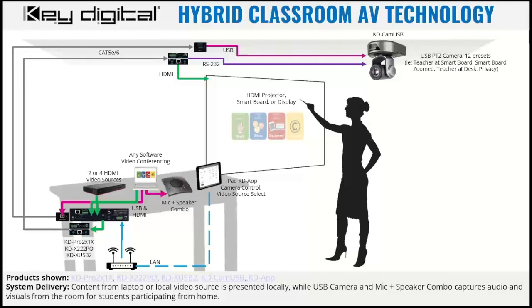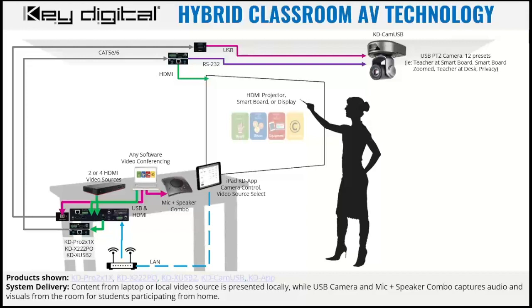And so what does it mean to have a hybrid classroom, first of all? Well, a hybrid classroom is one where the teacher needs to present locally, but also needs to deliver the content over internet, video conferencing software, etc. And you may be needing to present locally because there are perhaps students, some percentage of students, or perhaps no students in those seats.